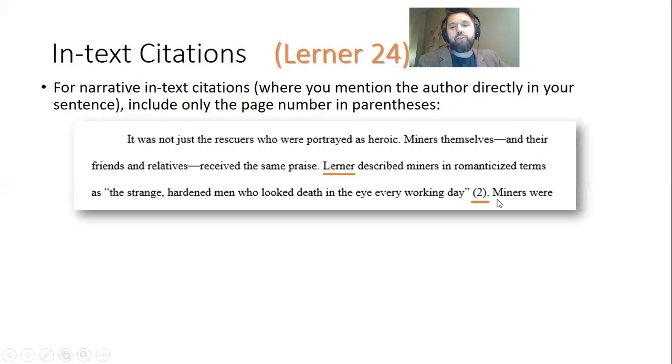So I wouldn't put Lerner two, but it would be incorrect not to include the page number, because I need the page number because I've got a quote or a paraphrase referring to a specific part of the work. So I need to put that page number in parentheses. And that's okay for it to appear by itself in this case, because it's very clear to the reader that this is coming from the Lerner source.